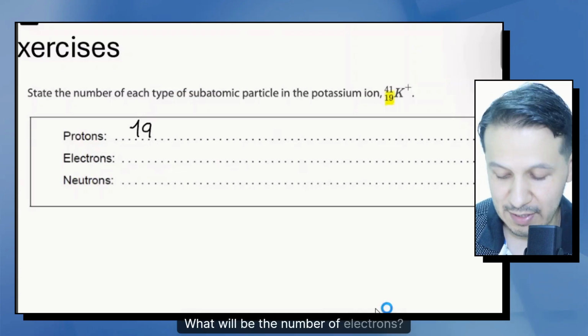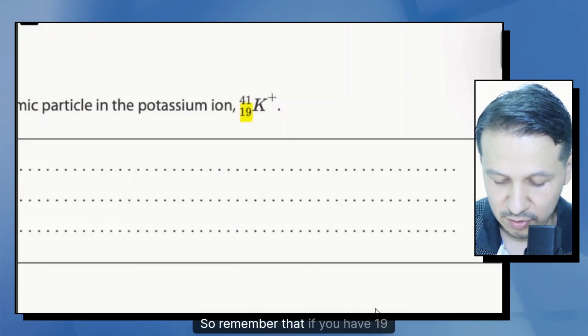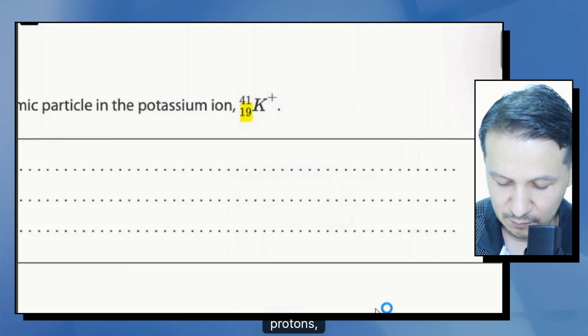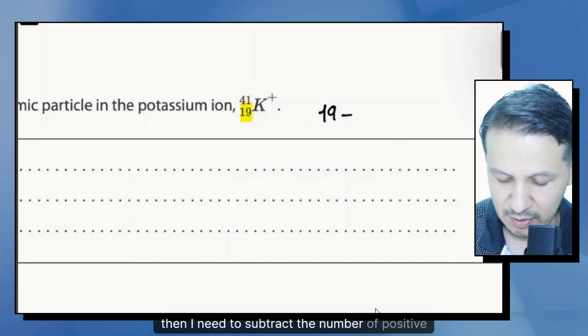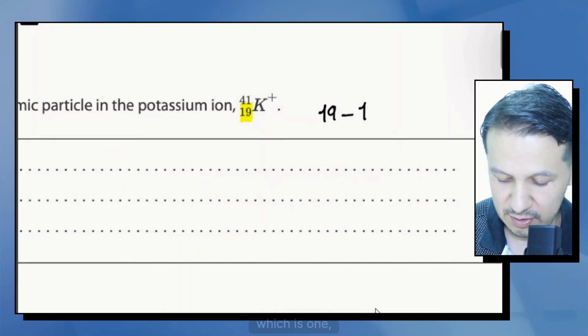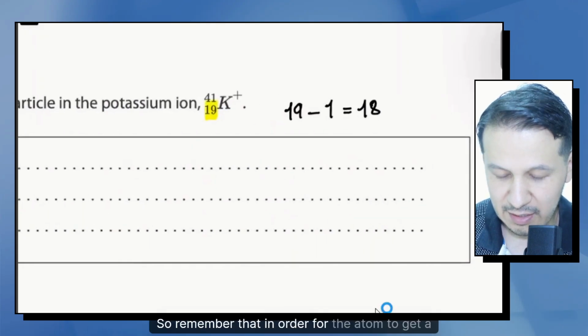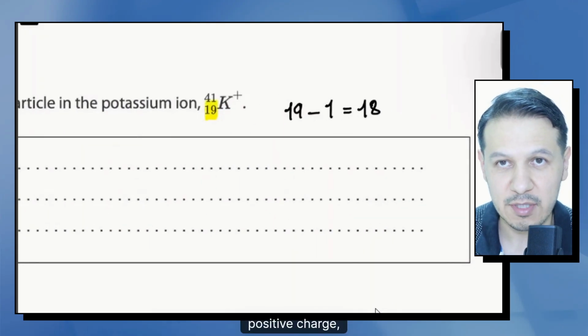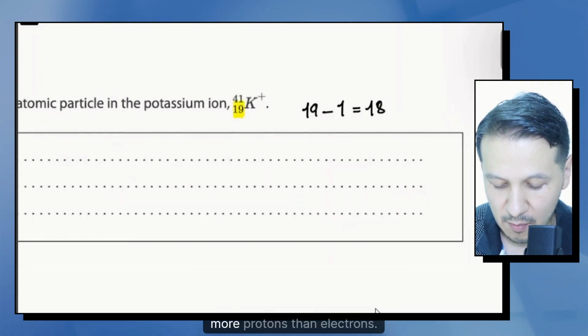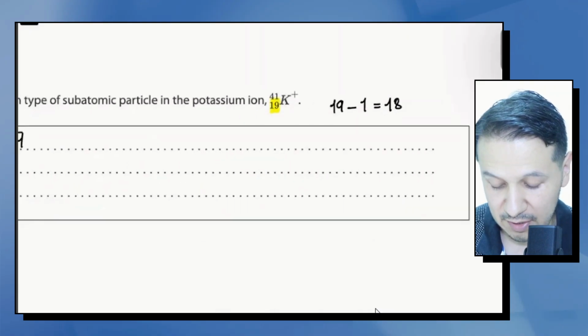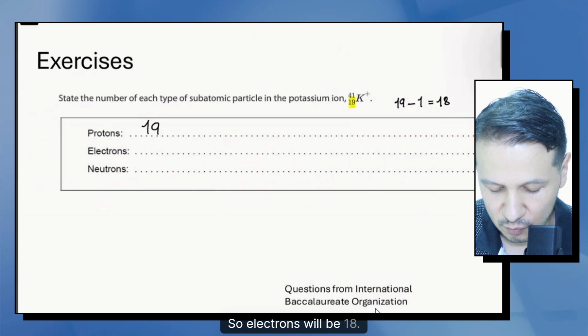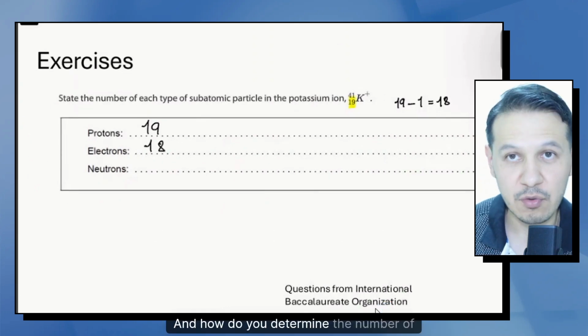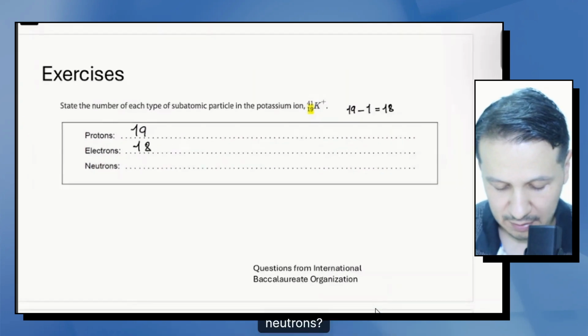But now the number of electrons. What will be the number of electrons? Remember that if you have 19 protons, then I need to subtract the number of positive charges, which is 1, and then we'll have 18 electrons. In order for the atom to get a positive charge, it will have more protons than electrons, and that makes sense. So electrons will be 18. And how do you determine the number of neutrons?